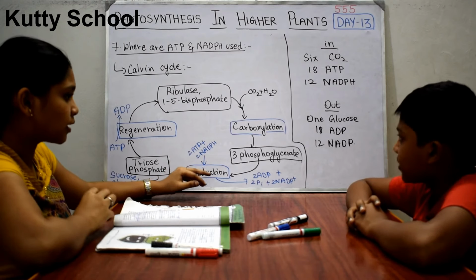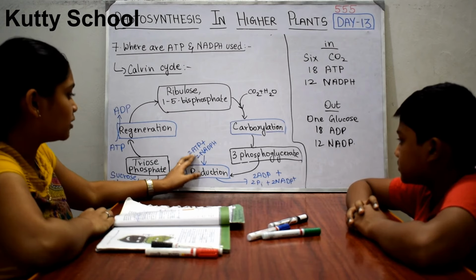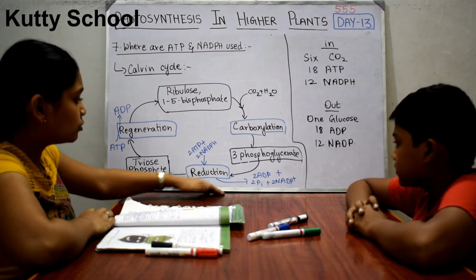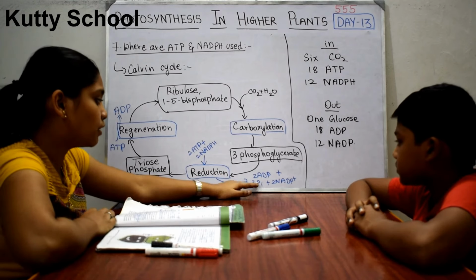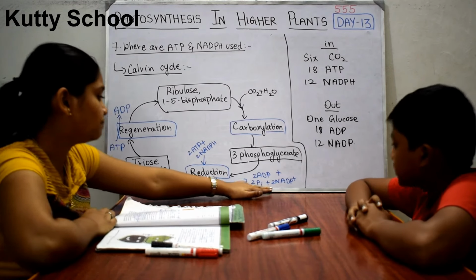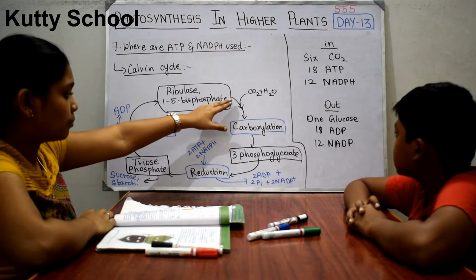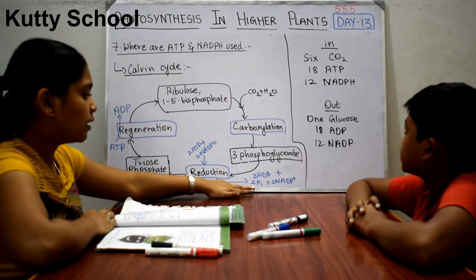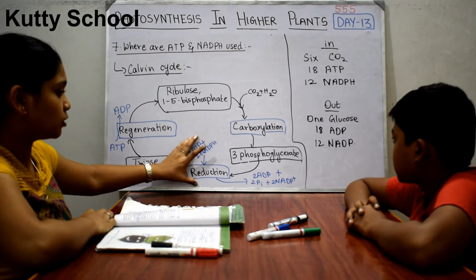They are used in the dark reaction, in this reduction only. So 2 ATP and 2 NADPH are used, and it produces 2 ADP, 2 inorganic phosphate, and 2 NADP+. So for 1 carbon, 2 ADP and 2 NADP+ are released in this process.